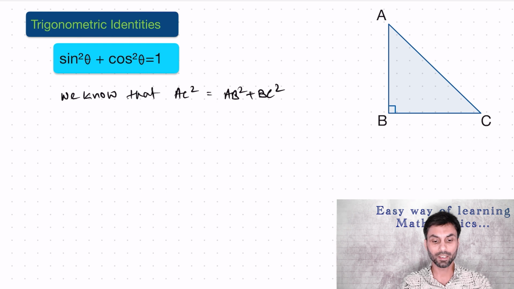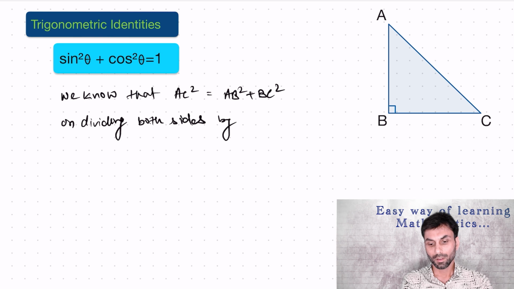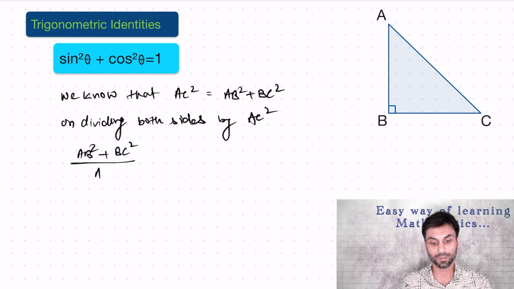Now on dividing both sides by AC square, we get AB square plus BC square upon AC square, which will be equal to AC square upon AC square.